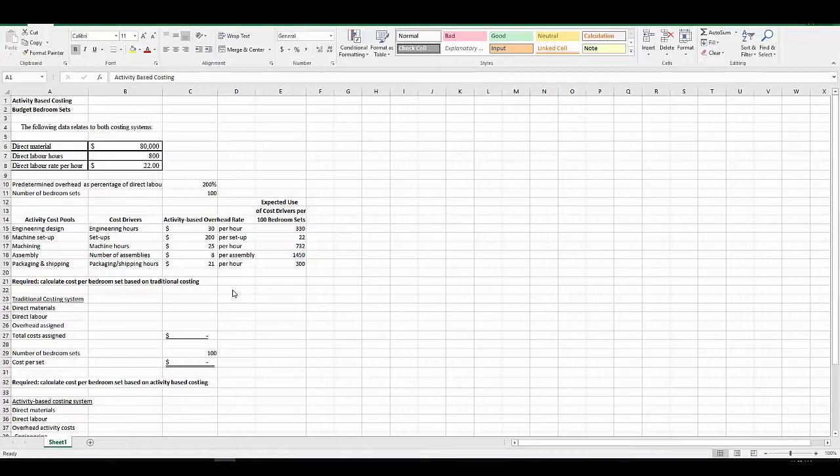So what we will do here is we'll start off by illustrating the traditional costing system. So this is where we just have one overhead rate assigned to all of your products. So we'll start off here with identifying your direct materials cost.